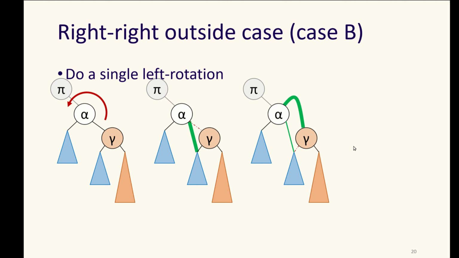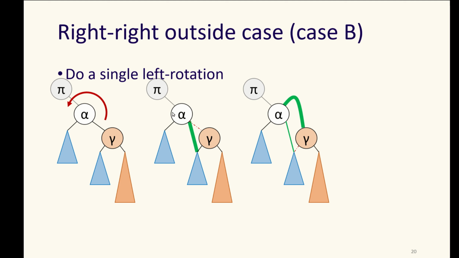You'll notice that this doesn't violate any of the binary search tree properties because the left children of gamma will all be greater than alpha. Since gamma was greater than alpha, all of the left children of gamma, because they were to the right of alpha, must, by definition of the binary search tree, be greater than alpha.